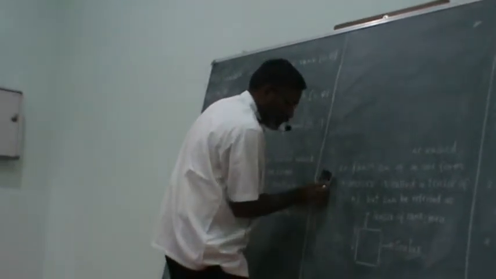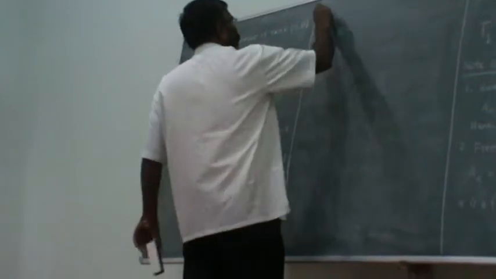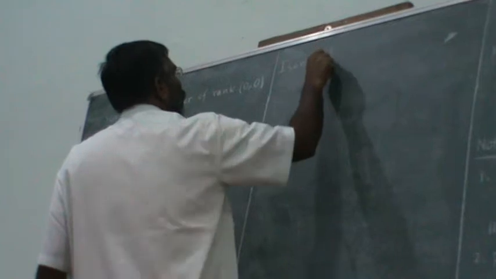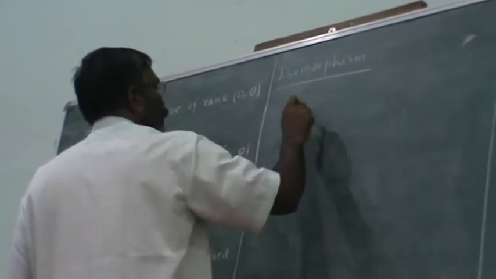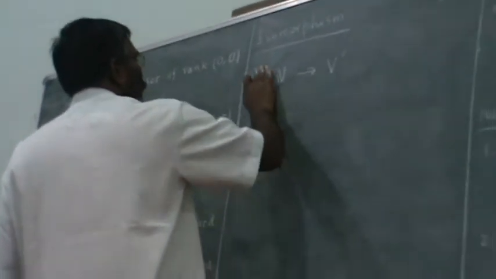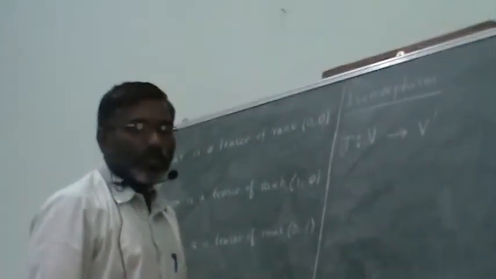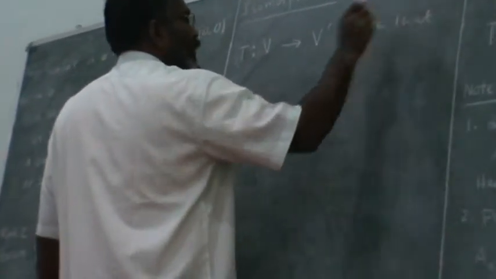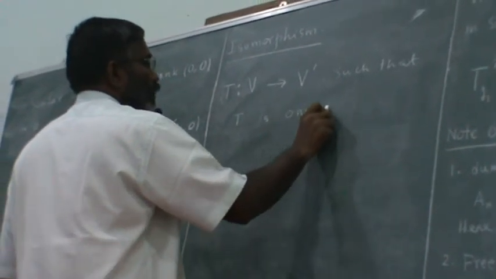Isomorphism means if you have two vector spaces, you have a vector space V, another vector space V prime, then I can define a transformation T from this vector space to this vector space such that T is 1, 1 and onto.